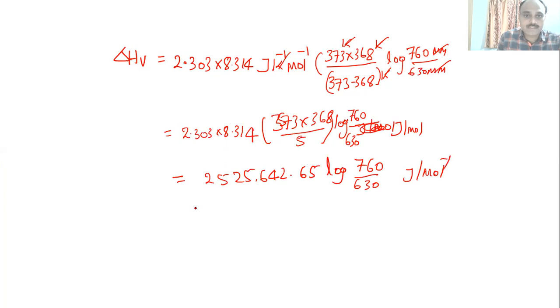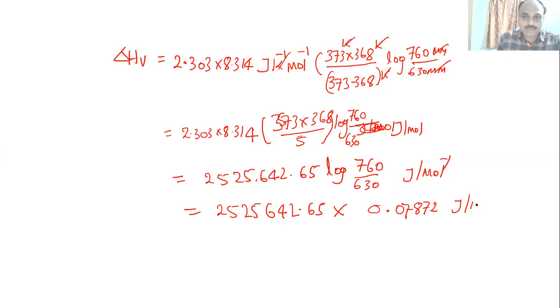Then further, you can take log of 760 by 630 and it will be 2525642.65 into 0.07872 joule per mole. And the final answer is how much?